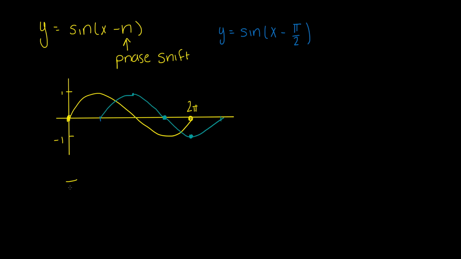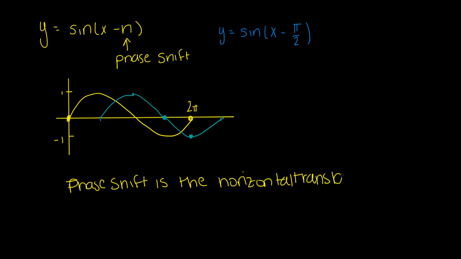The horizontal phase shift is the horizontal translation of a periodic function. There you go. So phase shift is the horizontal translation of a periodic function.